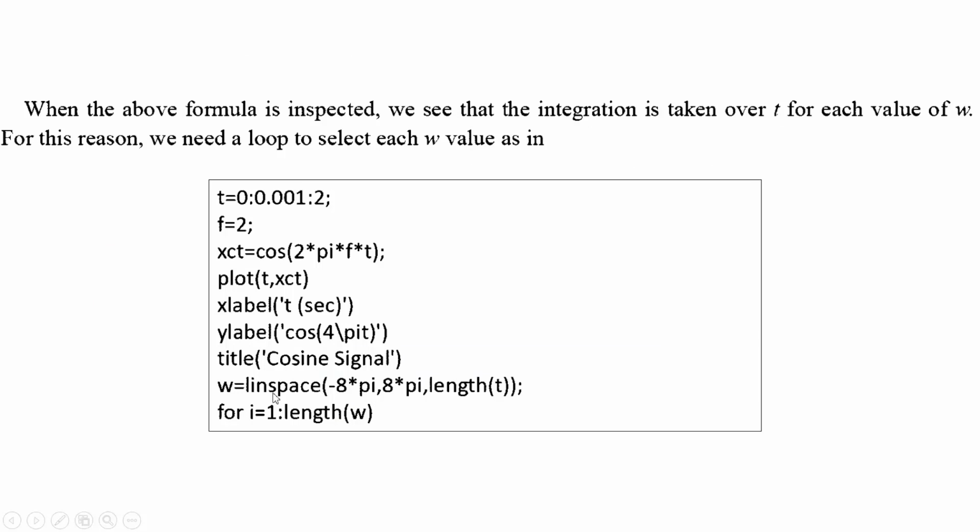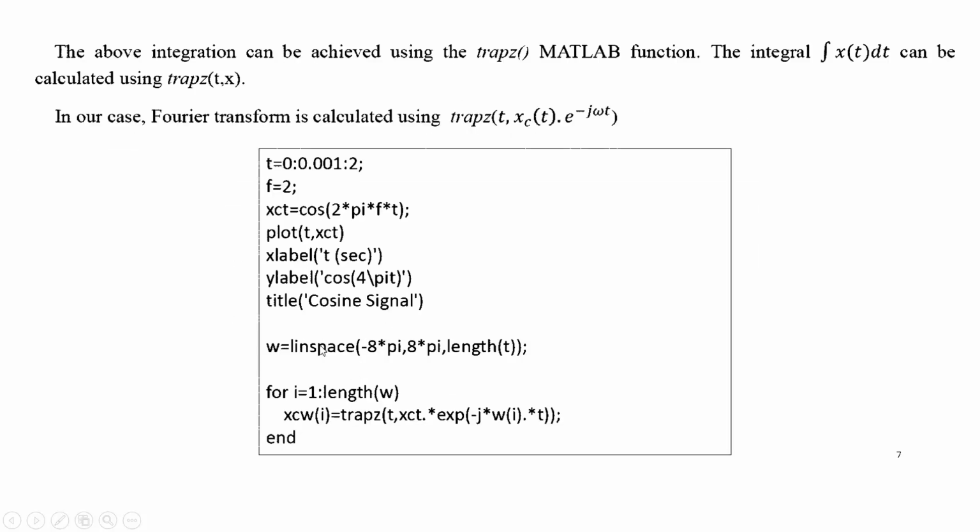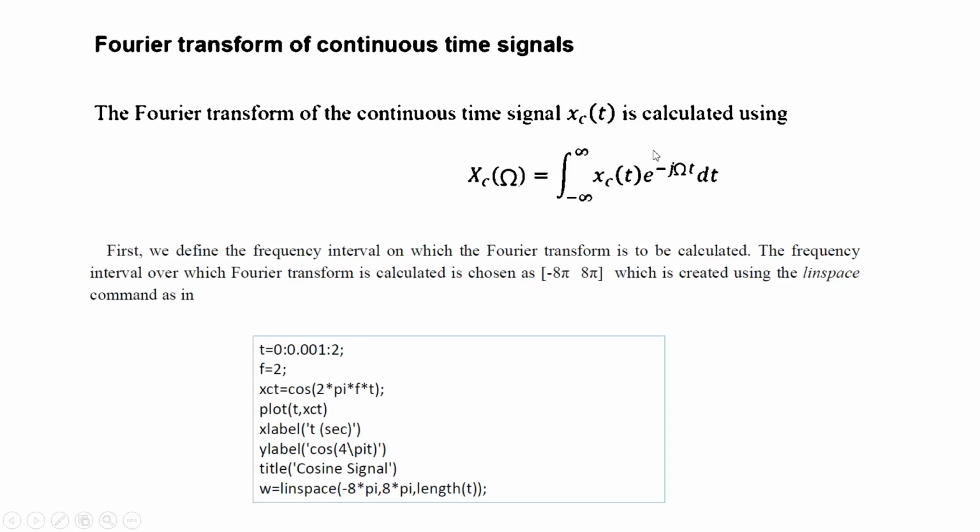Now, this is the usage of linspace, and now we will put a for loop where the index will run from 1 to the length of this w, which will come from this expression. Now, we need to calculate this integral.